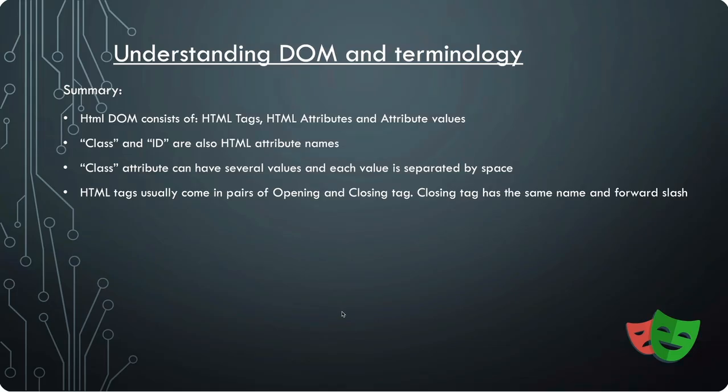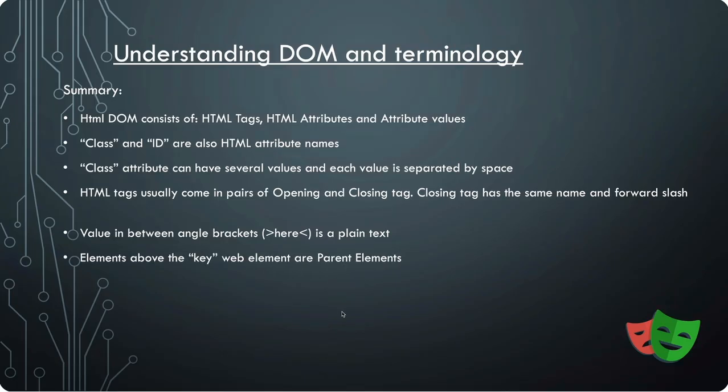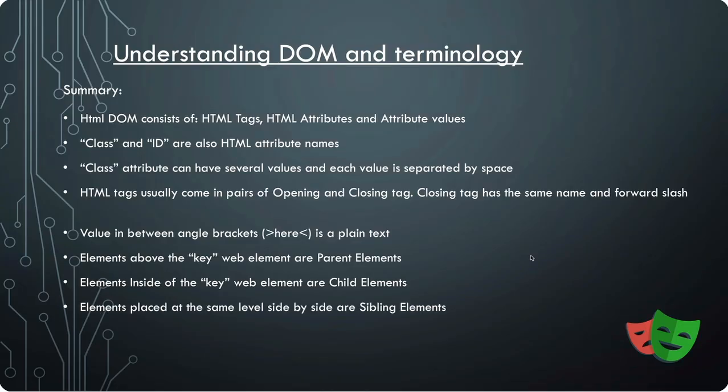The closing tag has the same name and a slash. The value in between the angle braces is plain text or HTML text. Elements above the key element or anchor element are considered parent elements. Elements inside of the key element are child elements, and elements placed at the same level side by side are considered sibling elements. Alright guys, that's it. That's the main terminology that you should clearly understand, and see you in the next lesson.